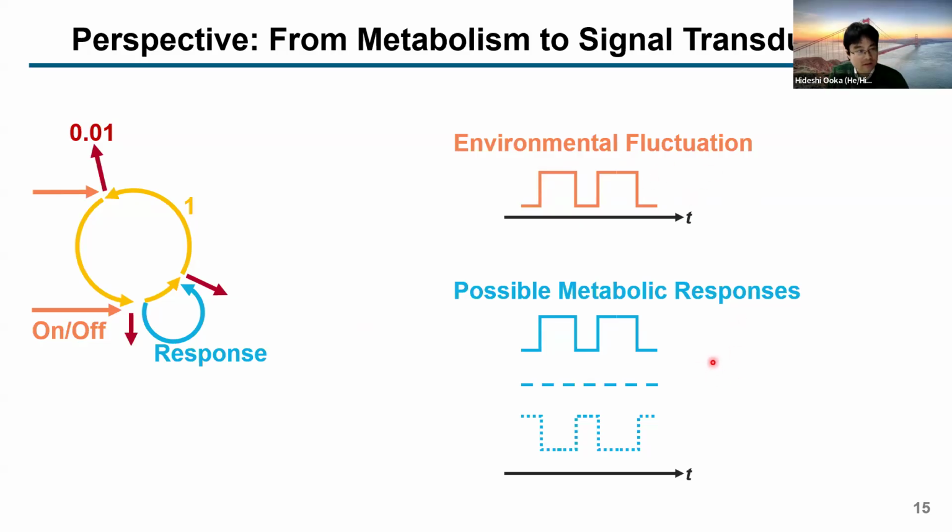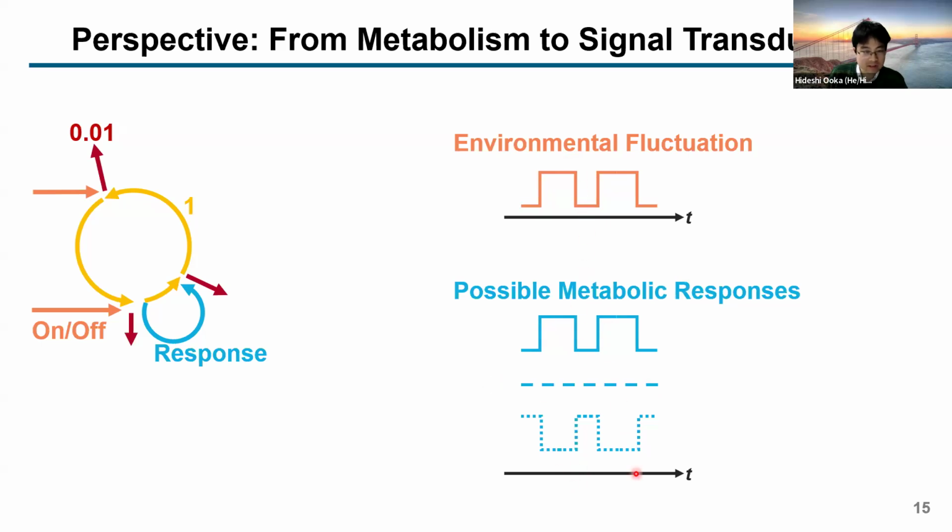And you can consider the possible metabolic responses. These are just possibilities, but you can consider one where it just ignores the fluctuation and doesn't respond at all. You could also consider a situation where the metabolic response is in phase with the supply, meaning autocatalysis is turned on when there's a large flux, and turned off when the environment supply is gone.